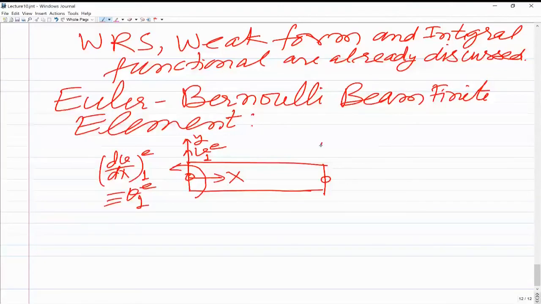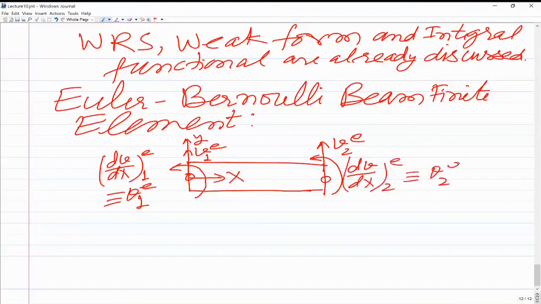Similarly at the second node, the degrees of freedom are v2E, and we have the rotation, that is dv by dX. Because we are using the local coordinate capital X, the derivatives are with respect to X at node 2 for the element, and let us denote it by theta 2E. So these are the 4 degrees of freedom of the element.